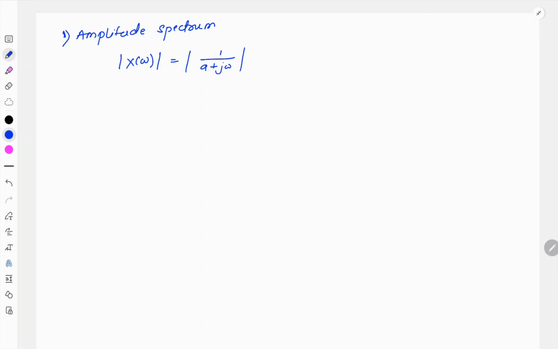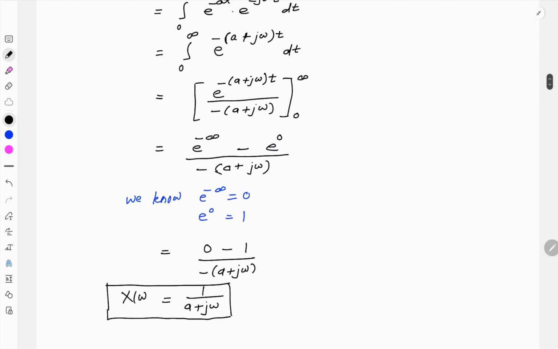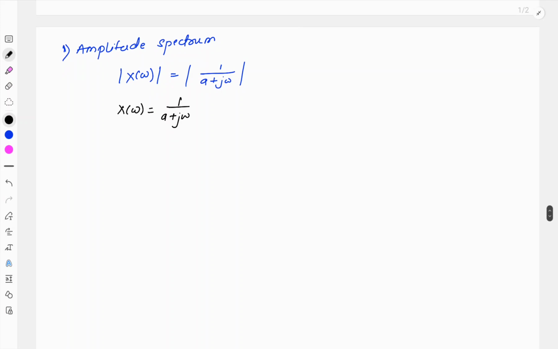So here we have the given term in complex representation a plus j omega, but it is a denominator. So first we have to separate out real term and imaginary term, and then we can find out the mod. So let us first simplify this X of omega term. So let's say X of omega was given as 1 upon a plus j omega. So now I need to separate out real and imaginary terms. So make use of rationalization.